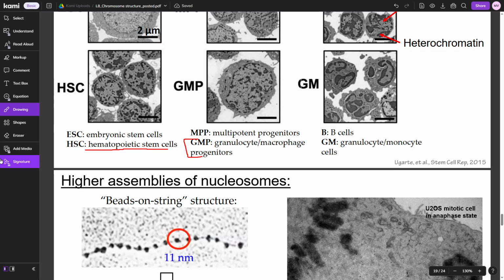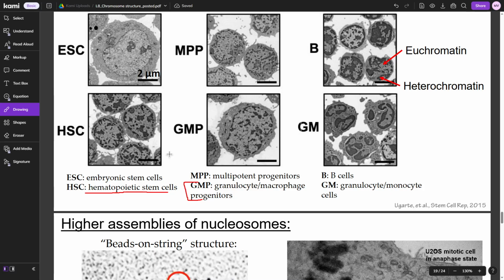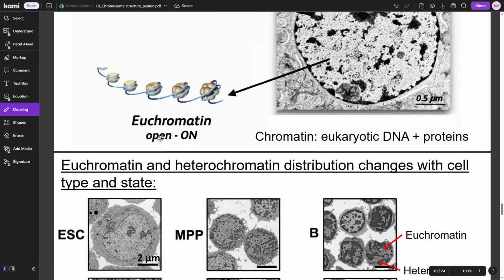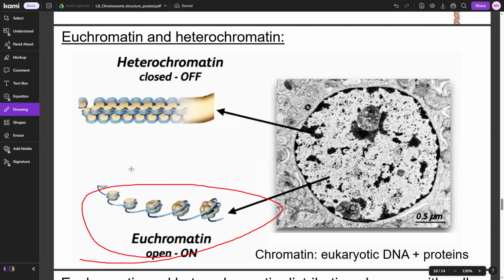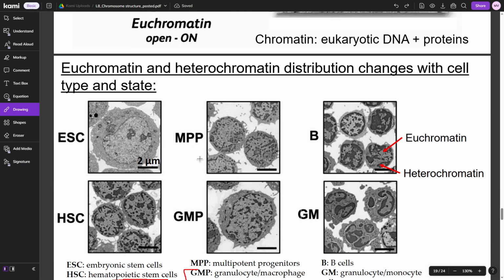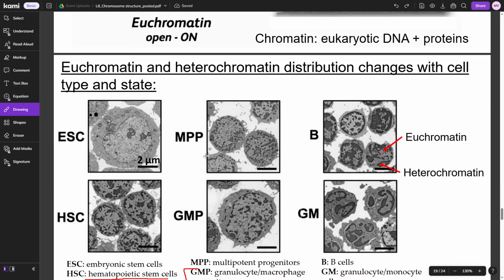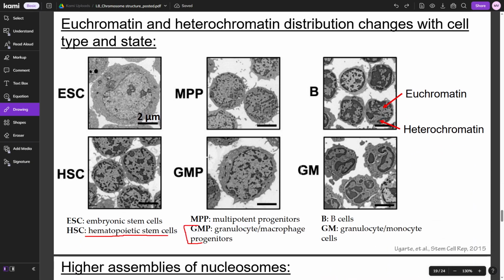They're not going to want sections of the DNA that are important in immune response. So these liver cells are going to have the sections important for glucose regulation in euchromatin form, and the sections for immune response in heterochromatin form. So what's in heterochromatin form and what's in euchromatin form depends on what the cell type is, and what it needs active.